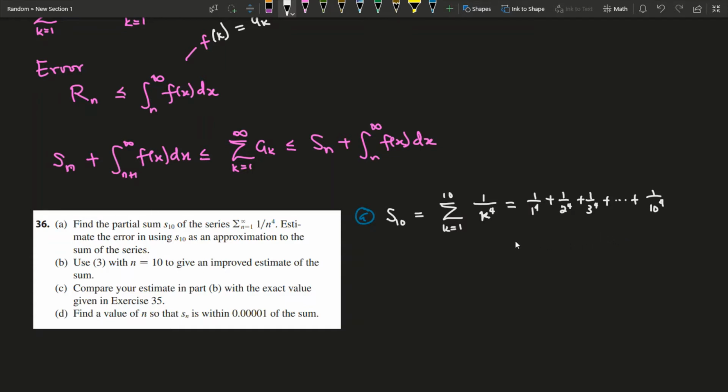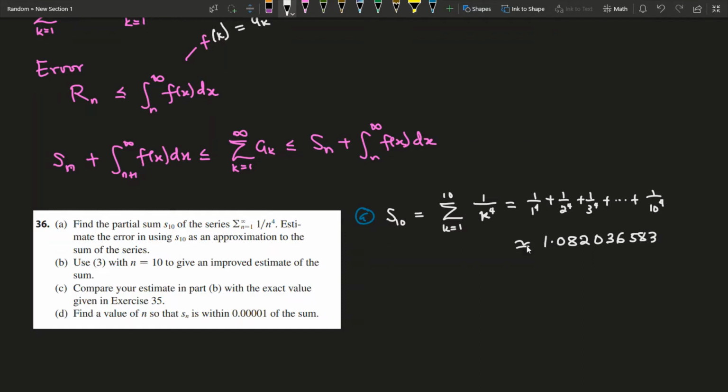And if you plug this into any graphing calculator, you get approximately 1.082036583.